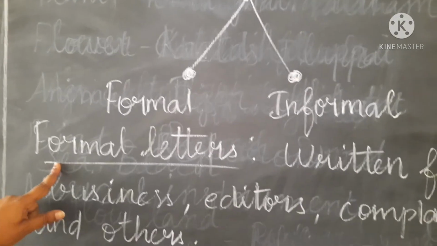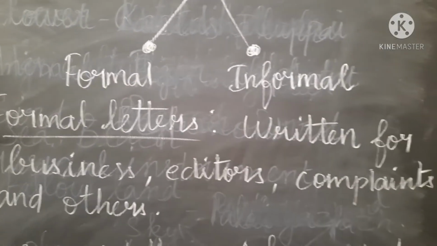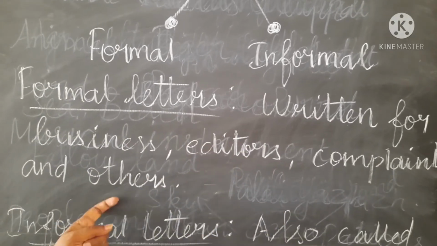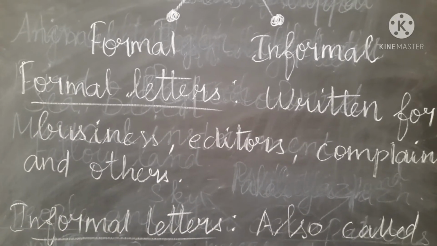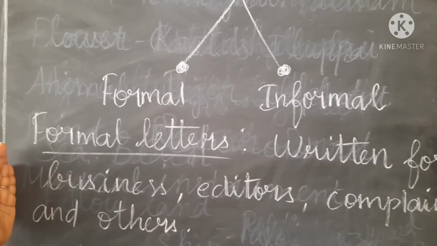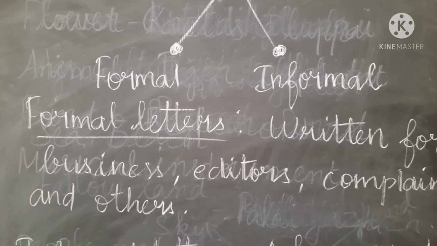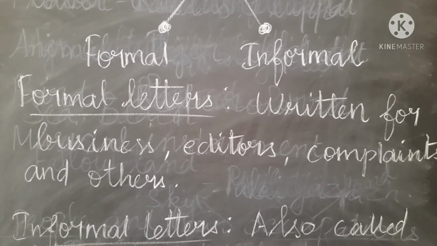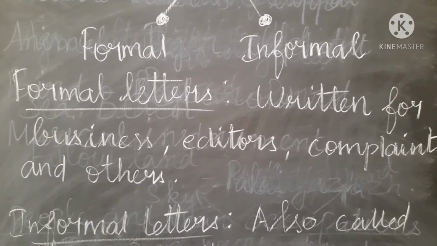Formal letter means it is written for business purposes, editors, complaints and others. It means that for complaining, we will write a letter to the municipal commissioner about the street lamps, or about where we need water taps in our streets.